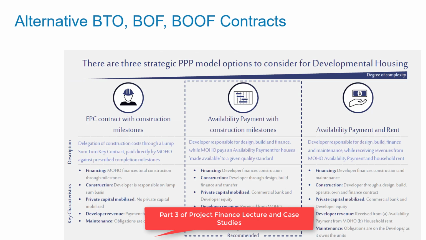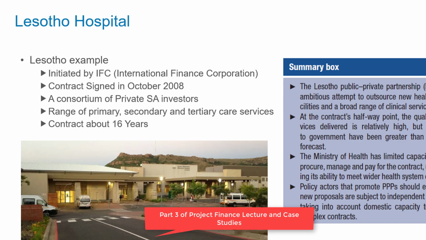And here's an example of what a PPP project would be, where the developer finances the construction, gets all the capital, and gets the revenue. This is for a housing project, but it doesn't take on the operation and maintenance because it really wouldn't be very efficient to do that.